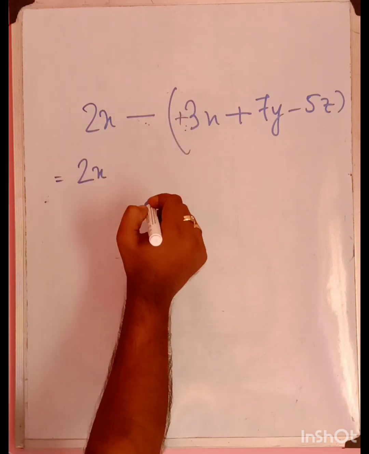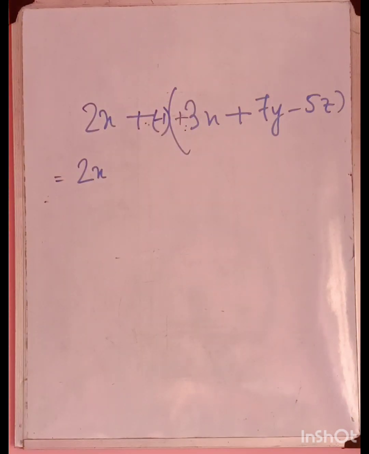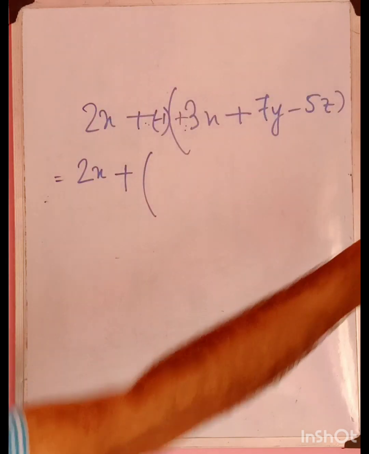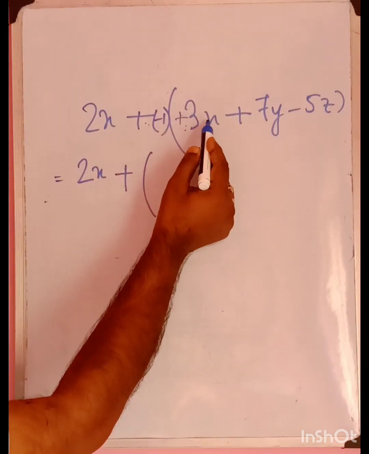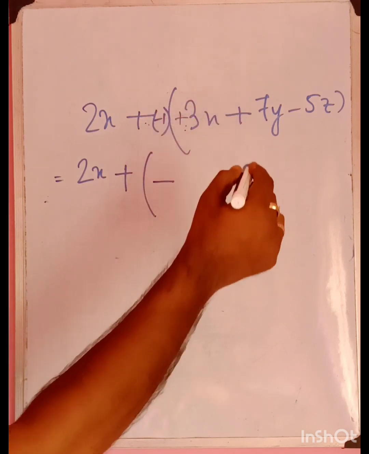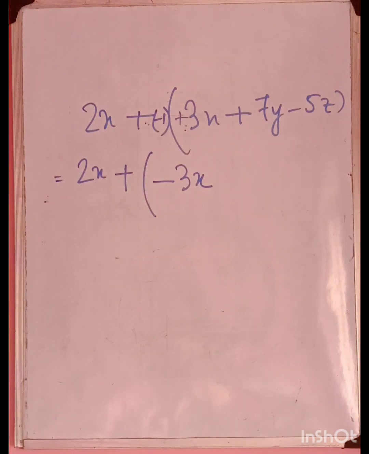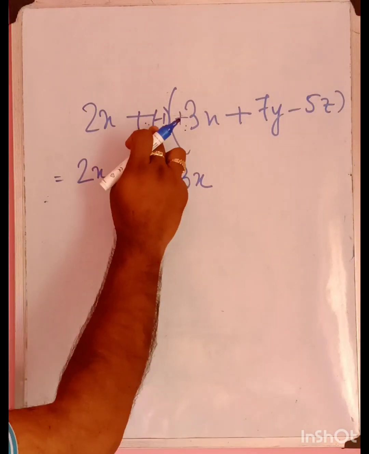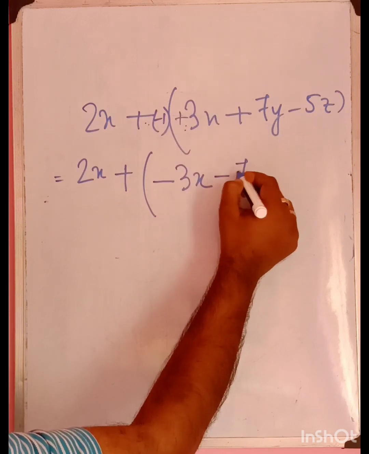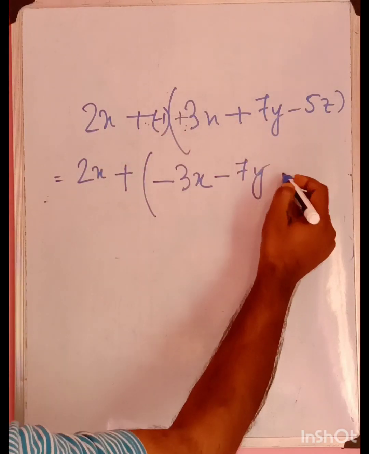You can assume this as plus of minus 1. Plus of minus 1 is there. So keep the plus here and get the minus 1 inside the bracket. Minus 1 times plus 3x: minus plus means minus, and 1 when multiplied keeps it the same. So minus 3x. Minus 1 times plus 7y is minus 7y, and minus minus.